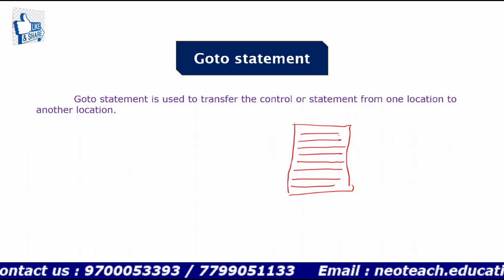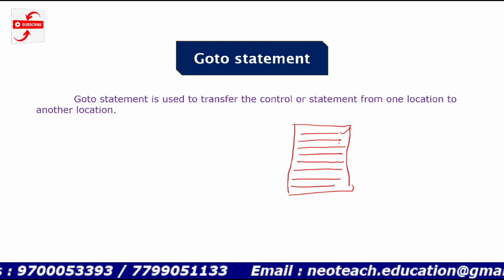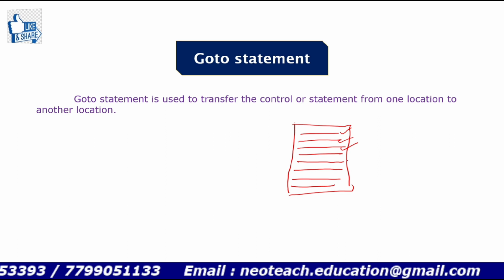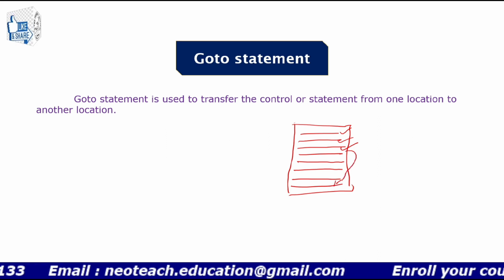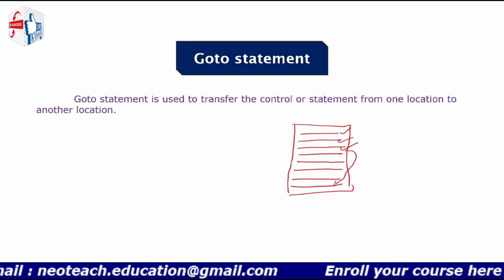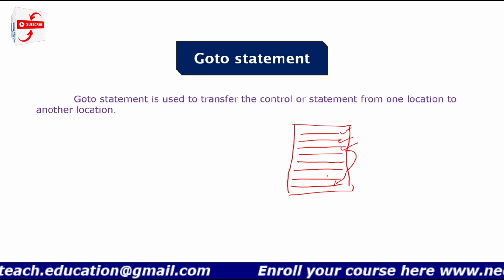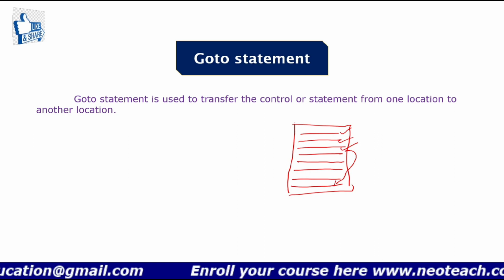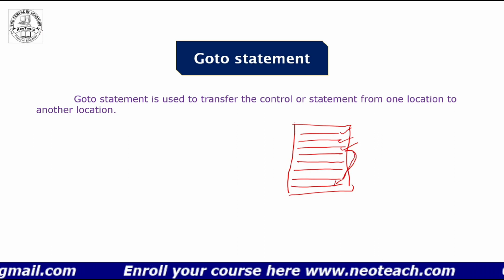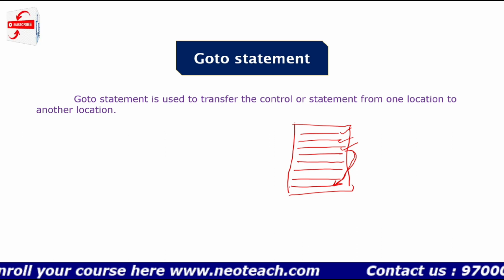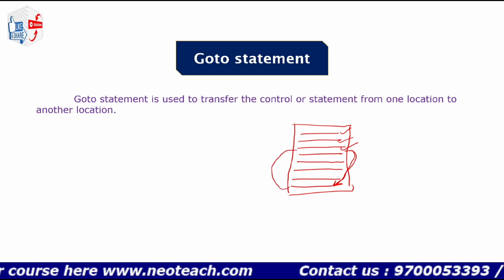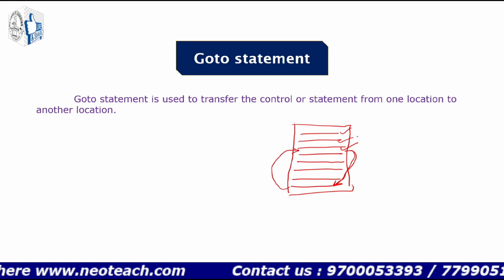In my requirement, execution of the first statement is done, second done, third done. After the third, I am going to execute the last statement. So now, transferring the control from here to here, or we can also say the last statement transfers to here.